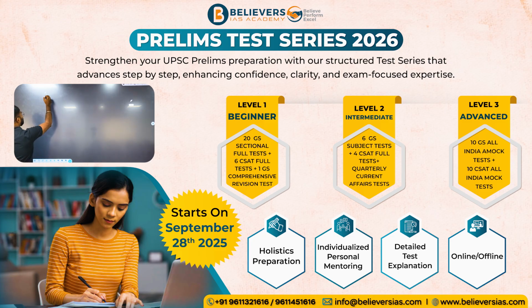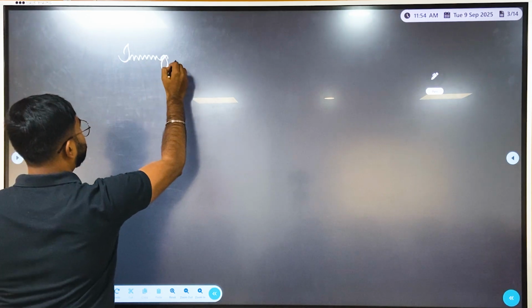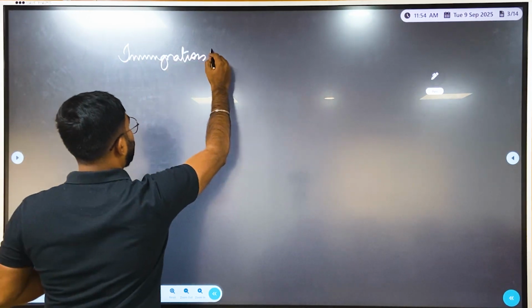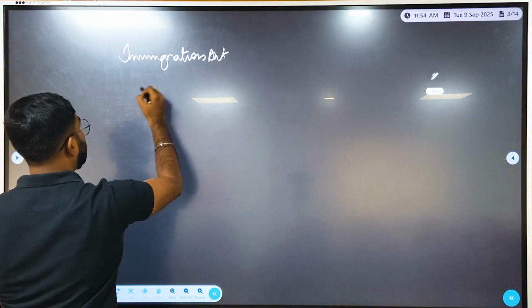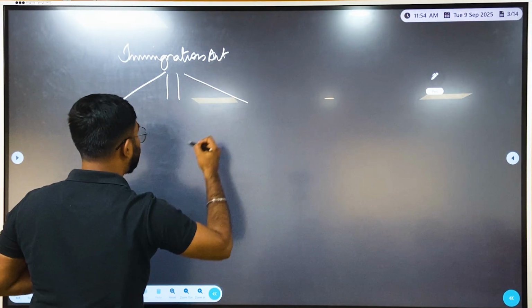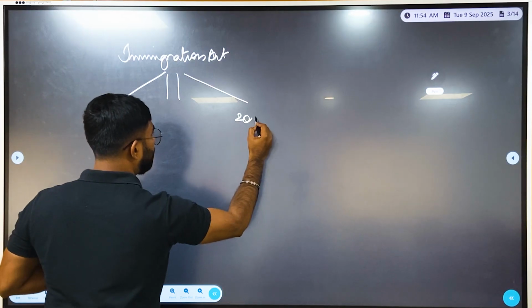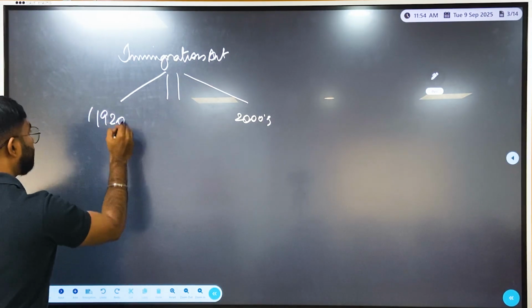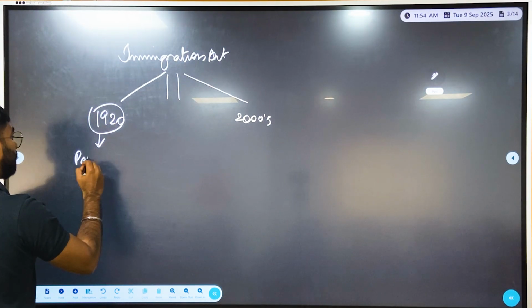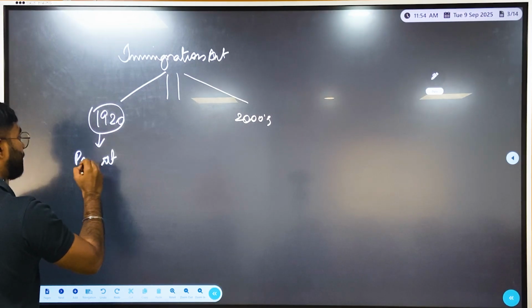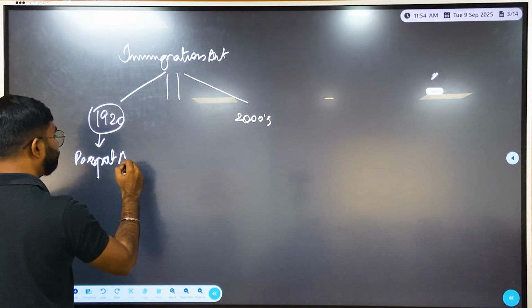So when we talk about the Immigration Act, we are talking about 4 different acts which we had starting from the 1920s all the way till the 2000s. In 1920 we had the Passport Act.